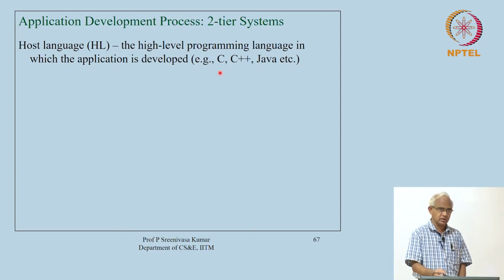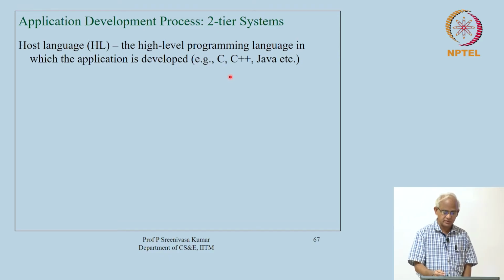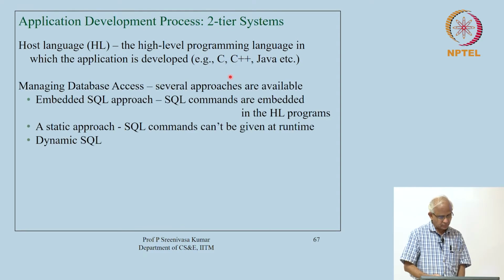It can be typically C, C++ or Java, and then we will discuss what are the various approaches that are there for managing this database access. Several approaches are available. Broadly, they are like this.